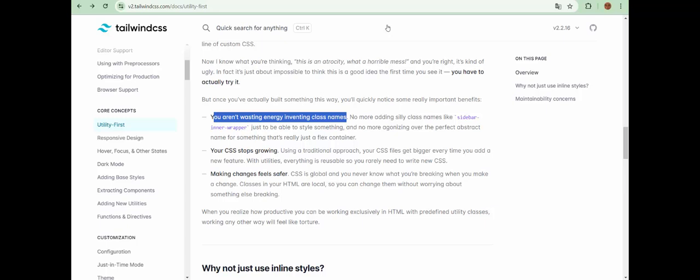Here we have the same thing. Every class, what we call utility classes, we can apply in every component of the application.